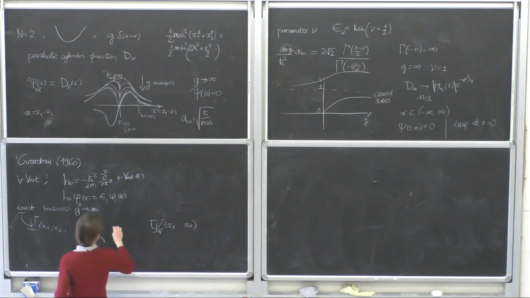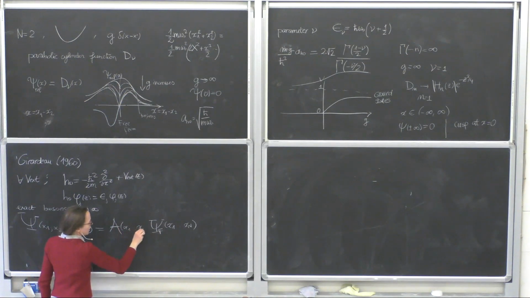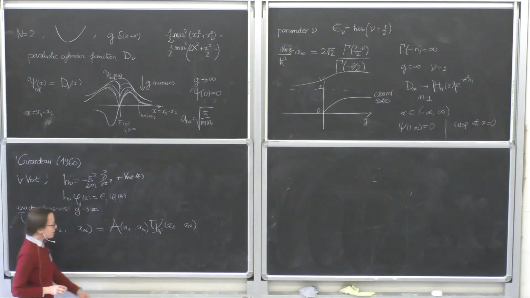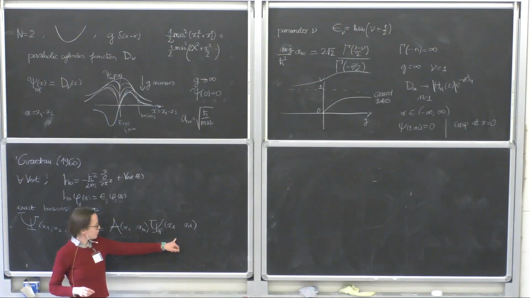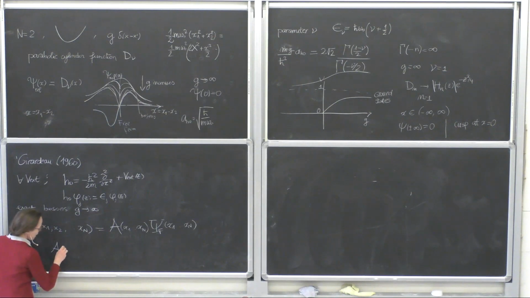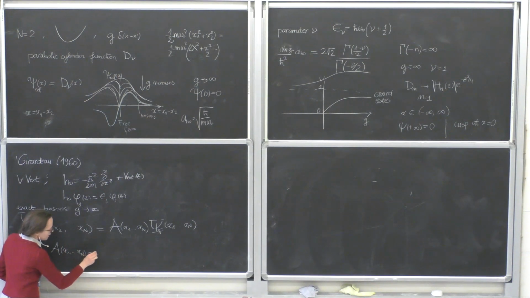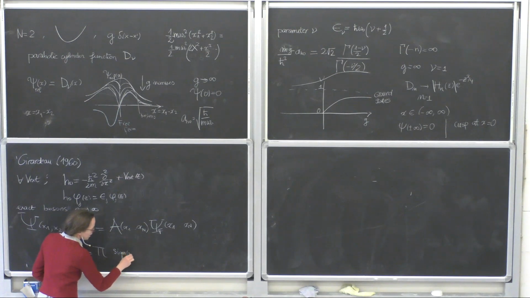times a mapping function that makes the fermionic wave function, which was antisymmetric under exchange of particles, symmetric. So A, the mapping function, is a product of sign functions of xj minus xl.